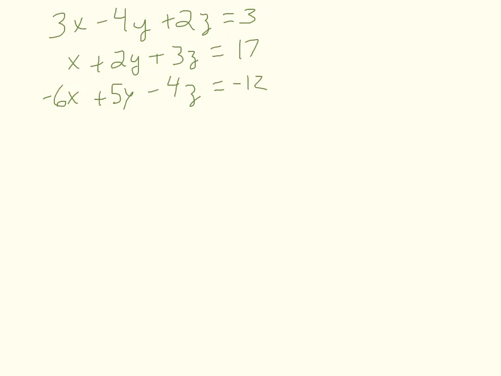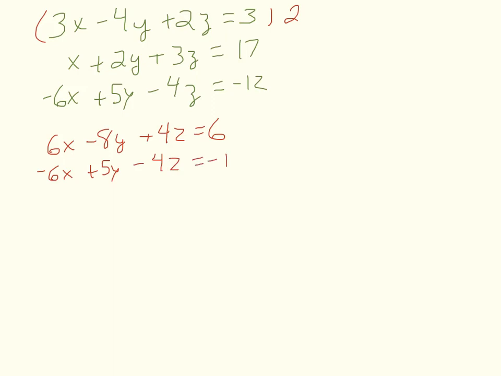Say, okay, I notice on this first column, I have a 3 and a negative 6. So if I multiply my first one by 2, I would end up with 6x minus 8y plus 4z equals 6, right? And then negative 6x plus 5y minus 4z equals negative 12.